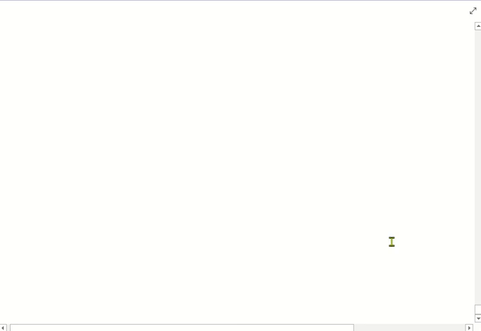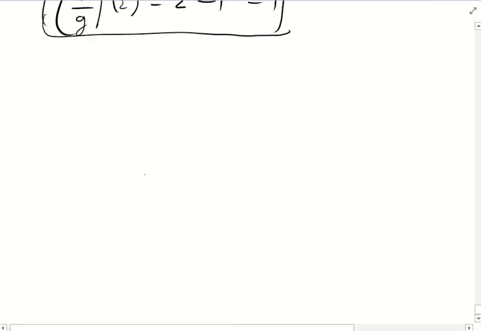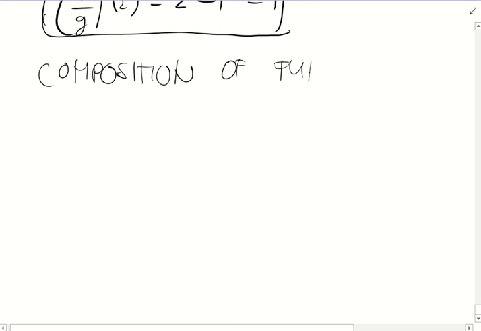We call it the composition of functions. So this is more difficult compared to the first one, the arithmetic. So what's the definition of this one? There's a notation we use, a small circle.